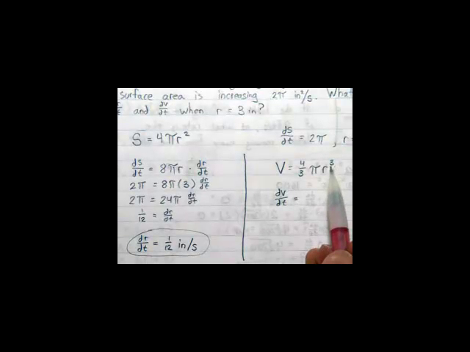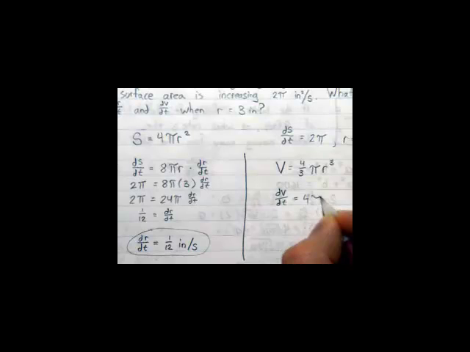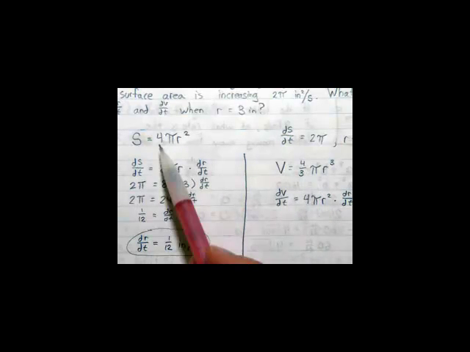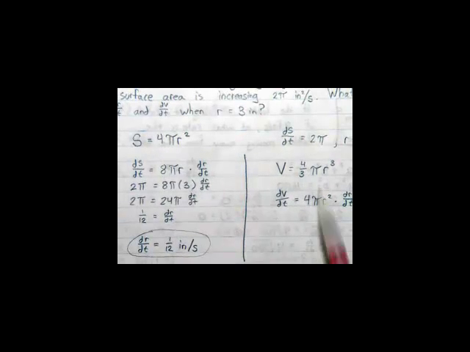Okay, if I do the derivative of 4/3 pi r cubed, what is that going to get me? Yep, 4 pi r squared dr dt. Notice how this comes out the same as that? That's not a coincidence, by the way. We'll talk more about that later. But anyway, when you do the derivative of the volume, you actually get the surface area equation. But anyway, we're not dealing with that right now.